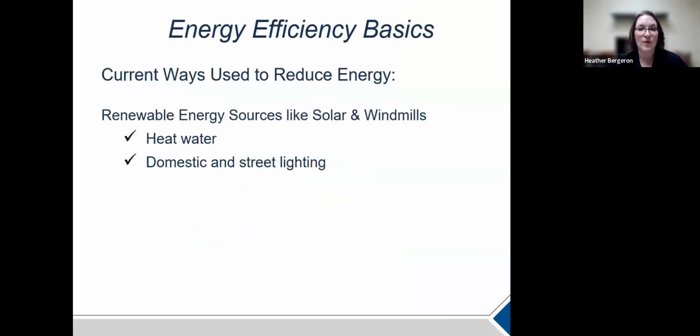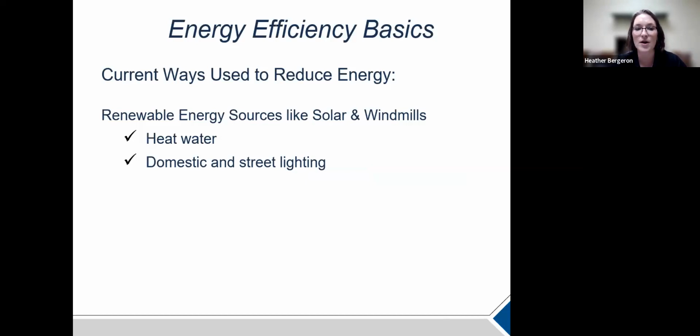There are many different current ways to reduce energy. A couple of different ways are renewable energy sources like solar and windmills. We all know that windmills have been around for about 25 to 30 years. But having the different solar panels and windmills out there across the US and other countries as well, this is a renewable energy source with which we are able to reduce our energy use.